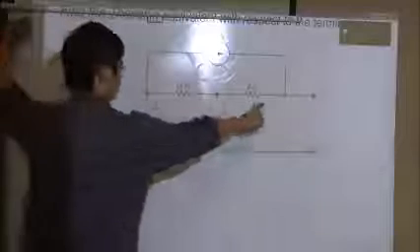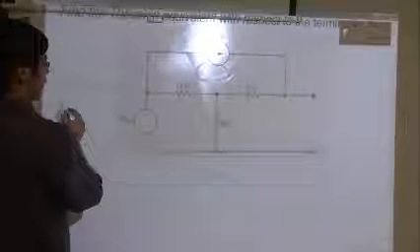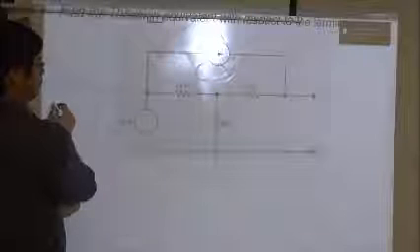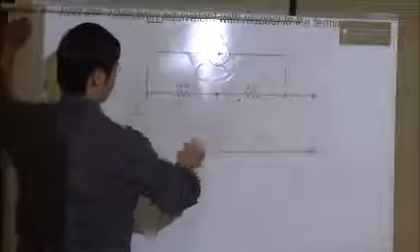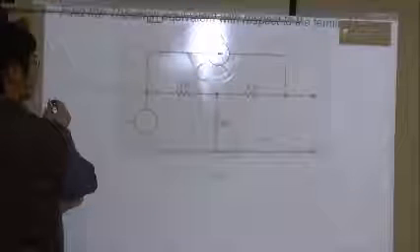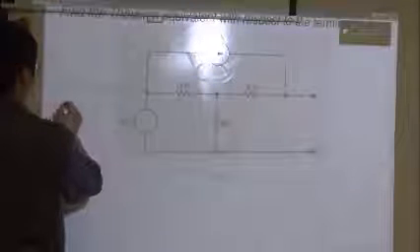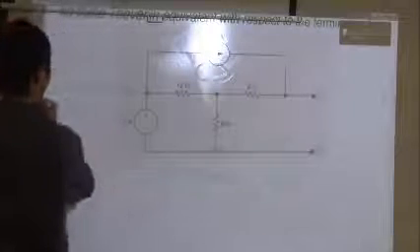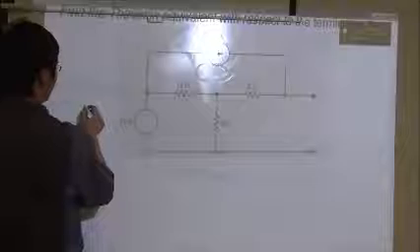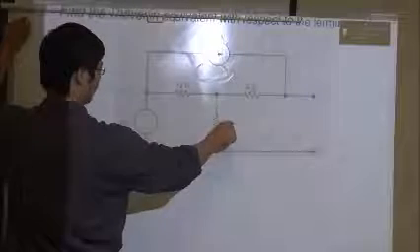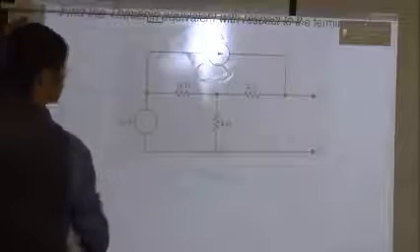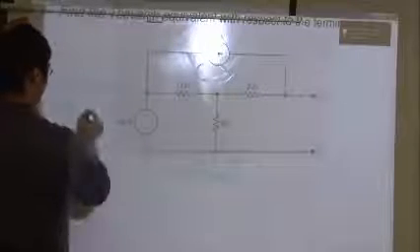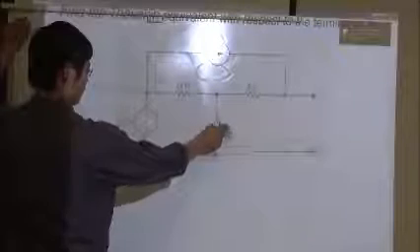KVL for the other loop: the drop of this resistor will be 2 ohm times I2 minus 8. Okay, again there's a minus sign. Plus, it should equal this minus this, right?